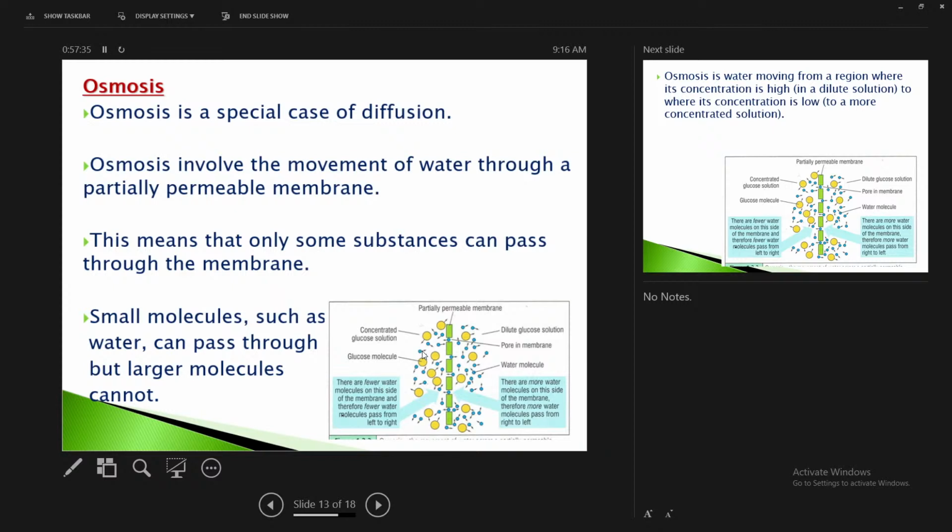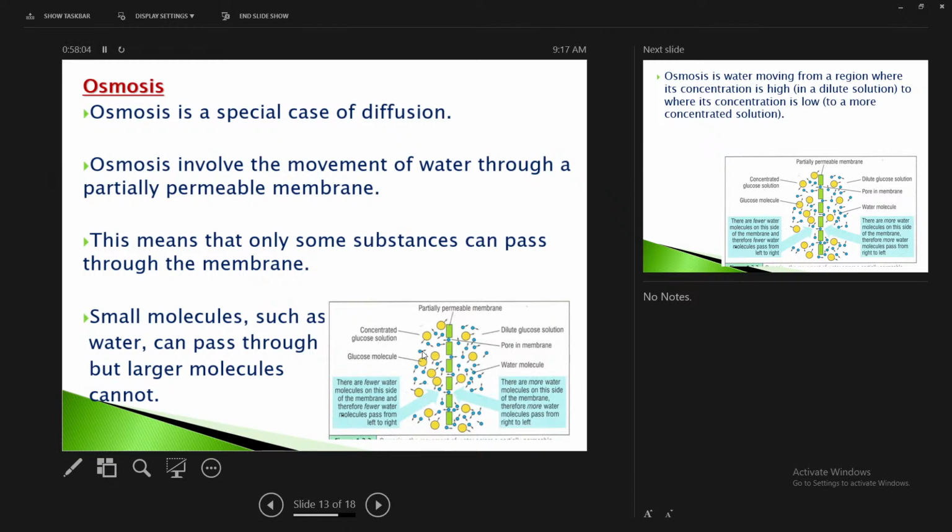So the third pointer means that only some substances can pass through the membrane, right? Because there is no way the human body can allow everything to just enter the cells. If that was the case, then by now we would have been contracting so many different sicknesses or diseases.